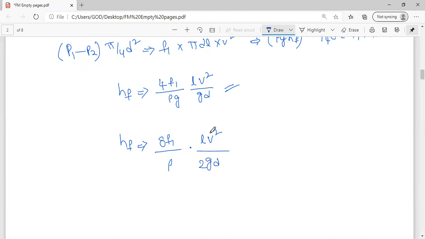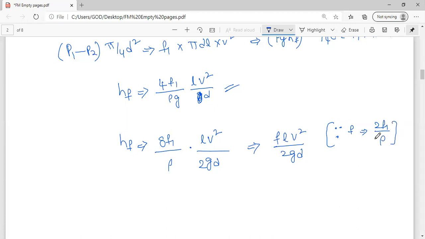So the 2 cancels, same thing we'll get here. I wrote g and d twice, okay, that's a confusion here. So if we extend, this can also be written as FLV square by 2GD, since F is equals to 8F1 by rho.